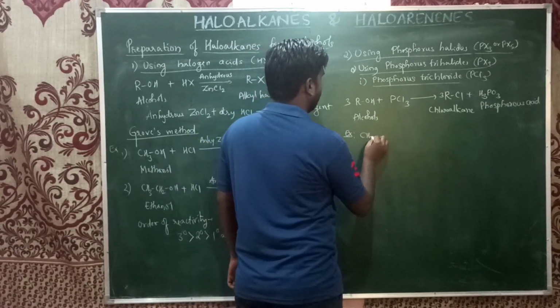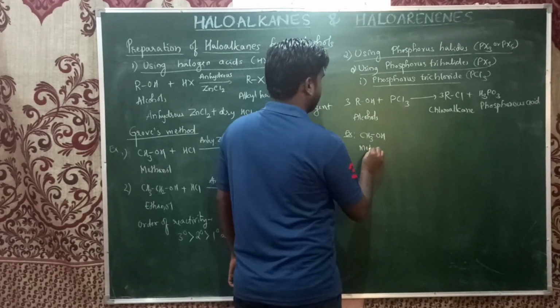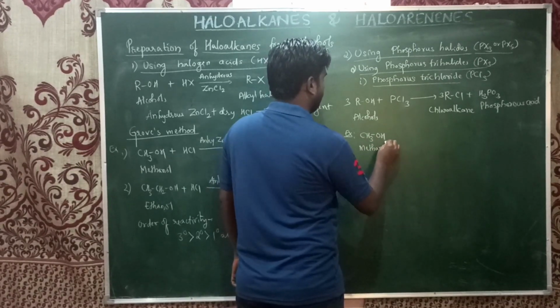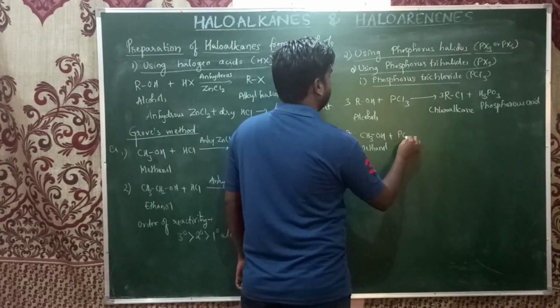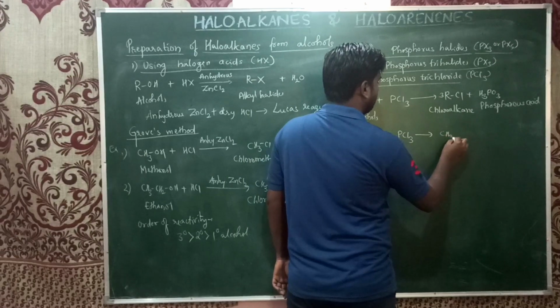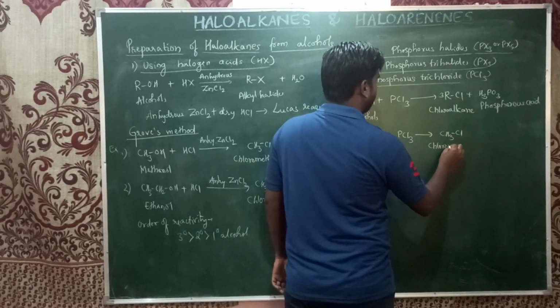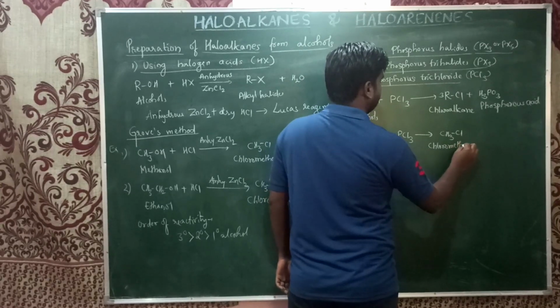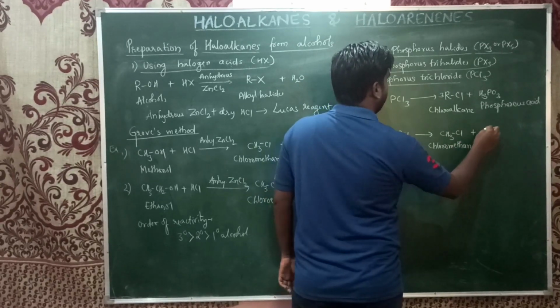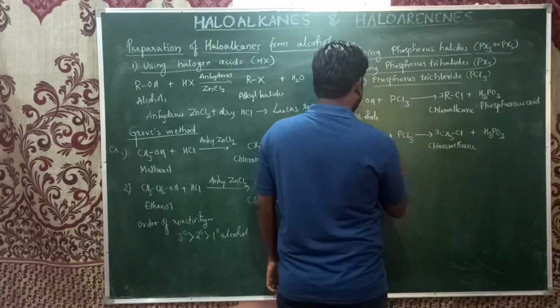If you see an example, let me take methanol, CH3OH. When methanol reacts with phosphorus trichloride, it gives us methyl chloride or chloromethane with the elimination of phosphorus acid. Here also 3.